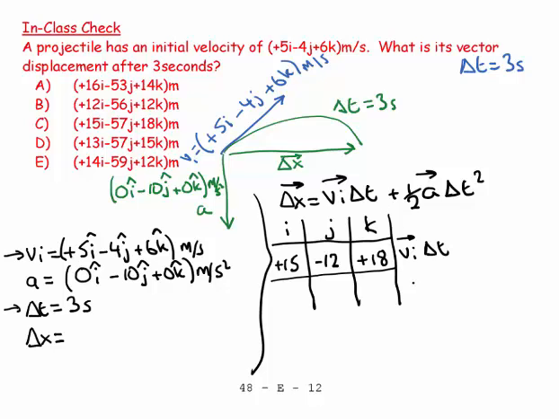And then I want to add it to 1/2 a delta t squared. Well, delta t is 3, so 3 3s are 9. 1/2 of 9 is 4.5. So this is like saying 4.5a. And 4.5 times 0 is 0. And 4.5 times minus 10 is minus 45.